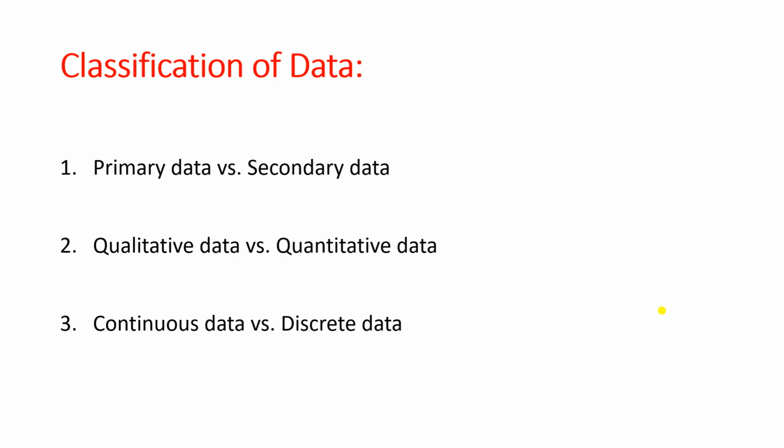But when the variable itself can be measured as well as its quantity or frequency can be measured, it is quantitative data. So that means the frequency can be measured for both qualitative as well as quantitative data.